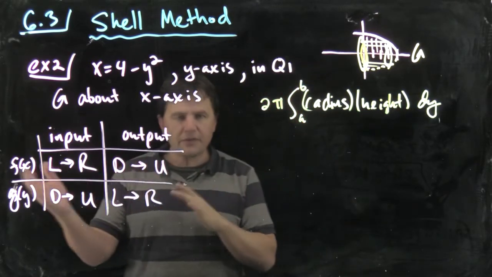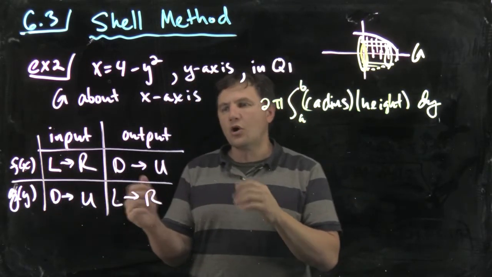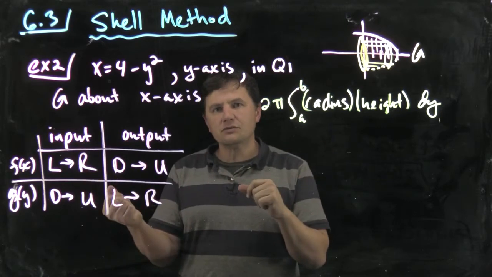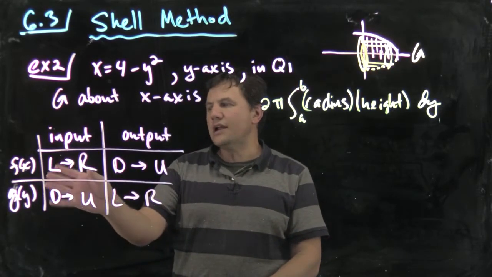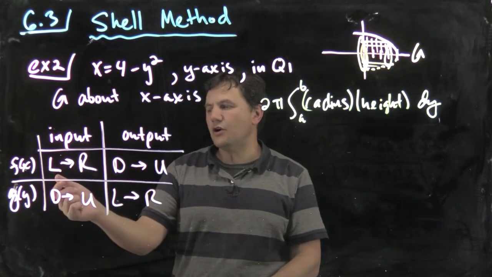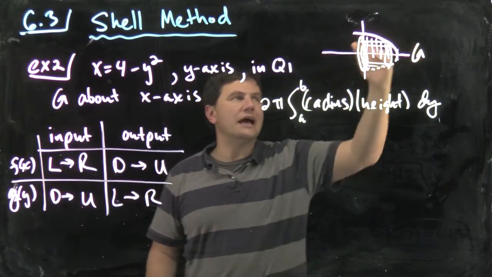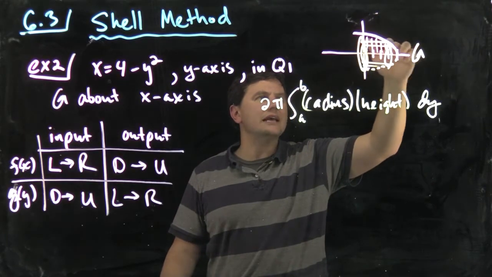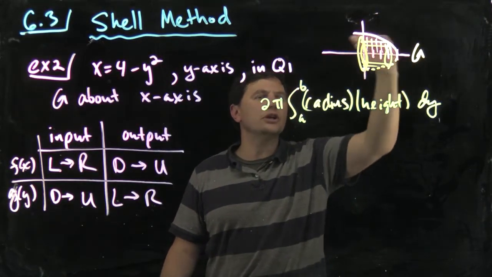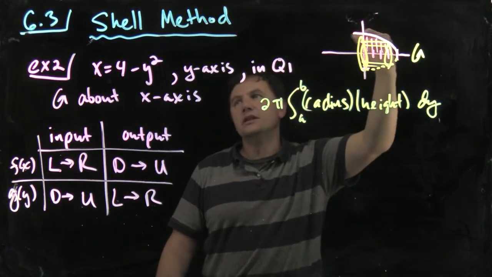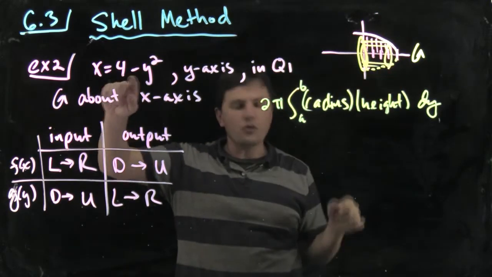If you remember from the examples before, the radius was always right to left. If I'm normally doing a radius as right to left as a function of x, as a function of y, it'll be down to up. So in this case, our function, our height, is going to be this function, which is going to be 4 minus y squared.